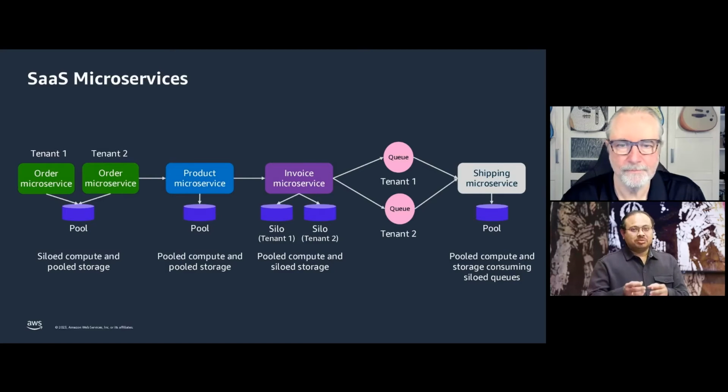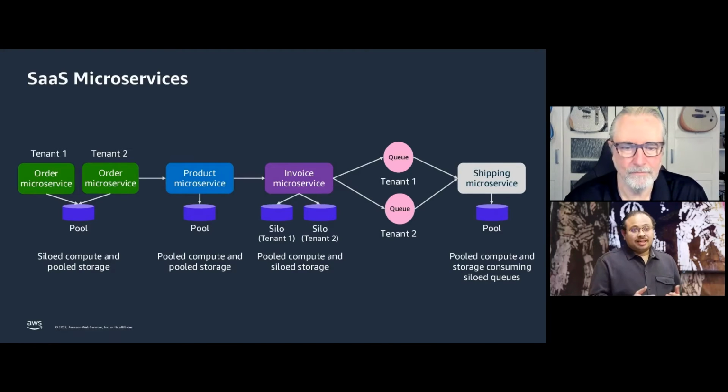You could start off using the same shipping microservice for all customers, but it could also be in a silo model, which requires a high level of automation because you do not want to do this manually. Because in a SaaS model, we prefer customers do self-service onboarding. They are ready to use the application as soon as they sign up.